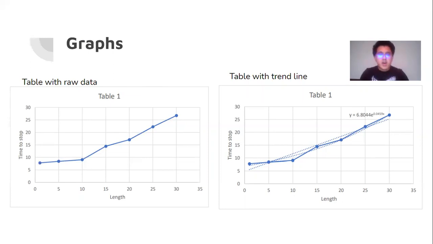On the left, we have the table with the raw data, which is just the table and the data that I collected. And the other is the table with the trend line, which is basically a better representation of this data with a corresponding equation.